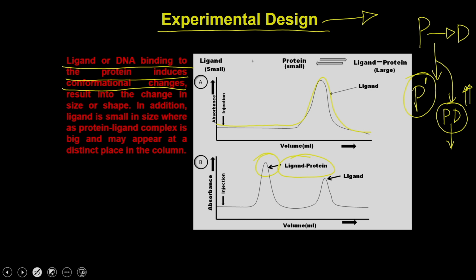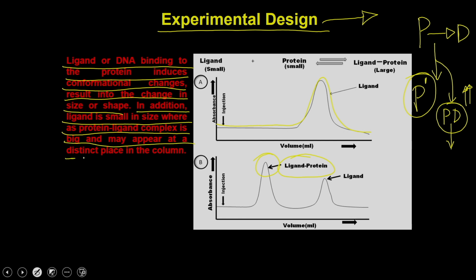So, it results in a change in the size or shape. In addition, the ligand is small in size, whereas the protein-ligand complex is big and may appear at a distinct place in the column.